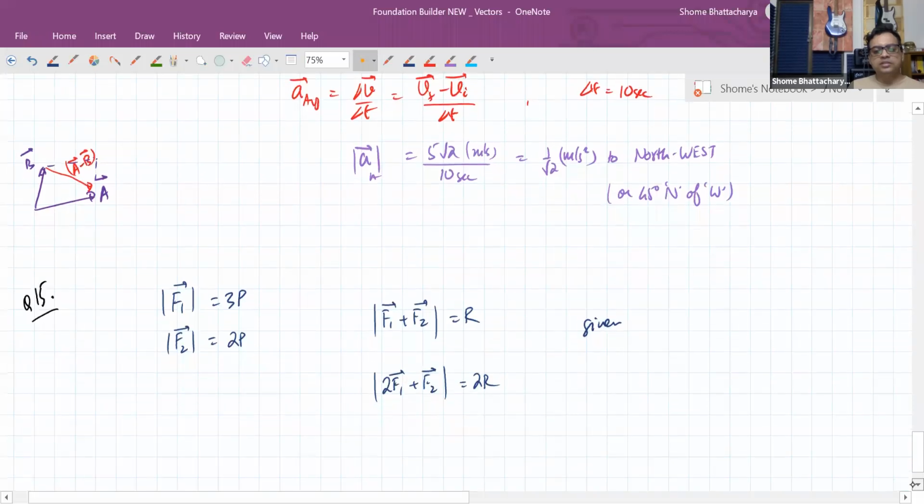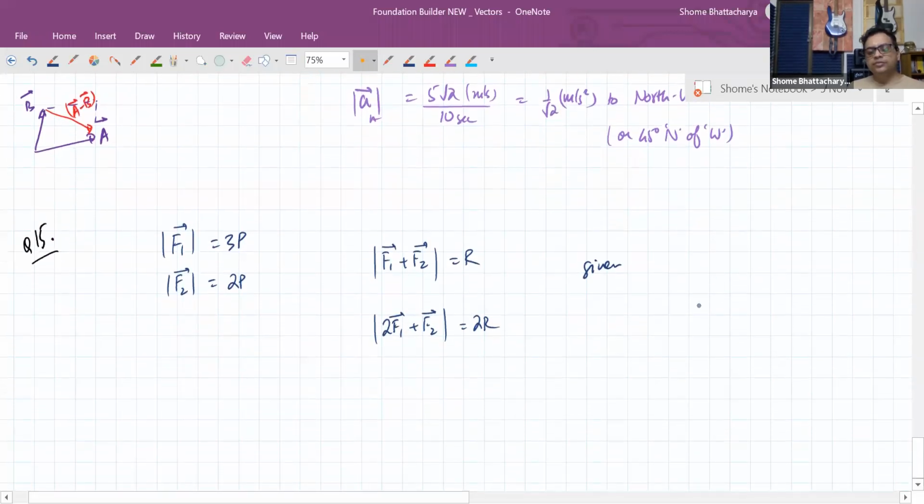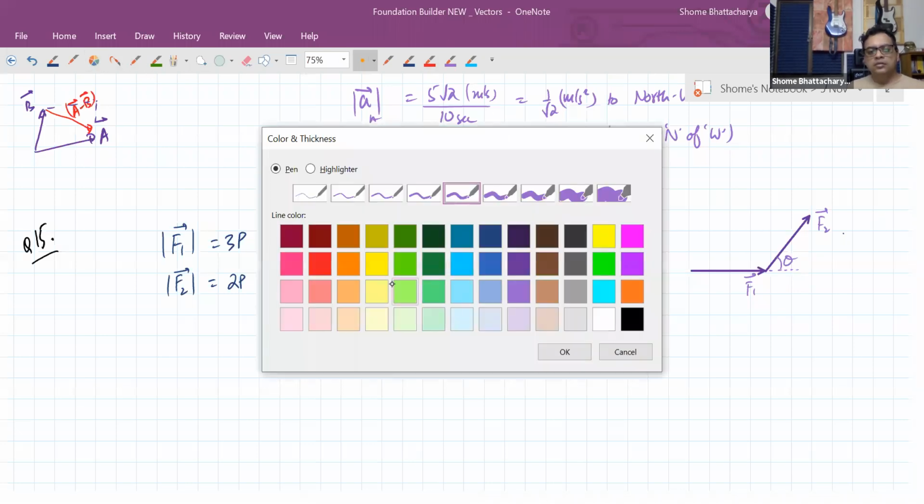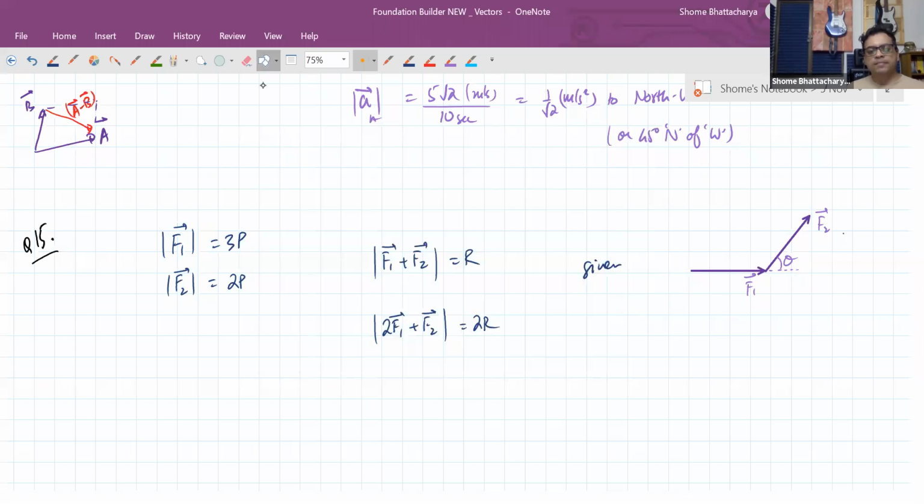Okay, so let us understand this. So basically, see, if this is the case of the addition of F1 and F2, the angle between them being theta, so the resultant sum being this one.